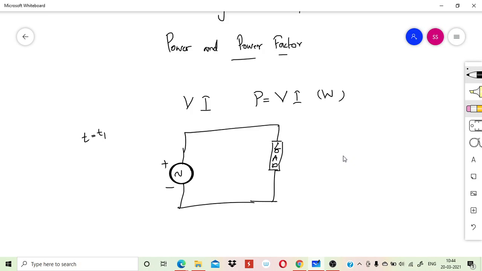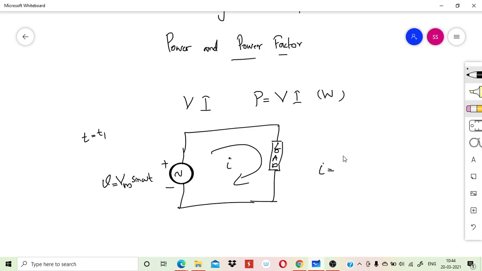This AC source is delivering power to the load, and let I be the current flowing through this AC circuit. The source voltage is V equal to Vm sin omega t, and the current drawn by this load is I, with some phase.